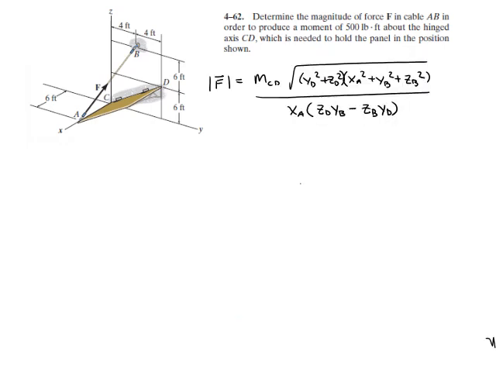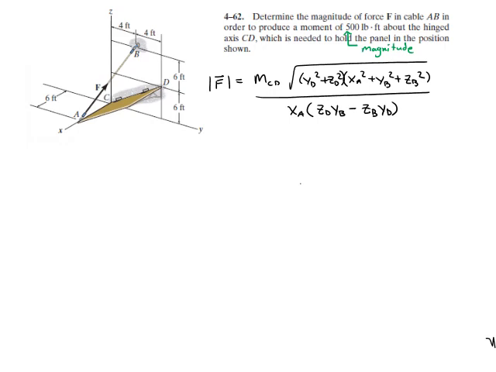Okay, so I just rearranged the equation, and let's plug in some numbers. Let me remind you, on the first slide I said that there should be a magnitude here. We know that the magnitude of the moment is 500, but we don't know if it's plus or minus 500, so I'm going to consider both cases.